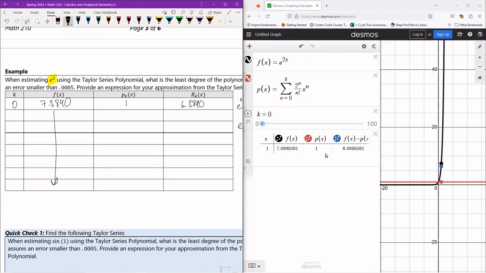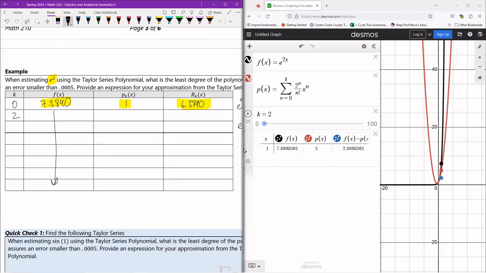So this is still far off. If you take a look at the difference between these two, it's a ways away. It's a 6.38 difference. But now I'm going to start increasing k by 1, by 2. So when k is equal to 2, my f of x is still the same.